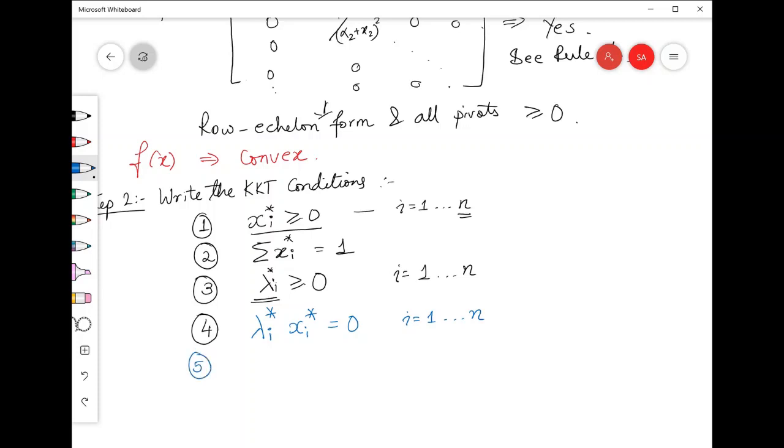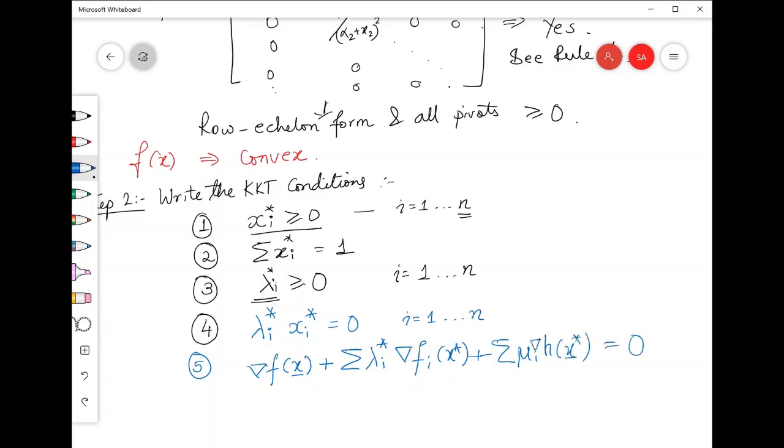And the fifth result is, if you take the Lagrangian, then the derivative of my function f of x plus lambda i star times the derivative of f_i of x star plus the summation of mu_i times the derivative of h of x star is equal to 0.